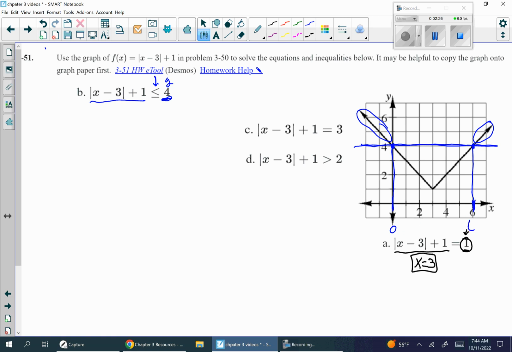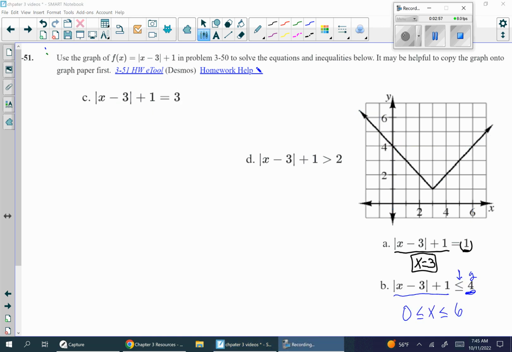So from 0 to 6 on the x-axis, we see that our equation is below that y equals 4, less than or equal to 4. So we would write this actually as an inequality. It is below the line y equals 4, less than or equal to 6. All right, observe how that kind of got put together. So anywhere from 0 to 6 is where we see our graph less than or equal to 4.